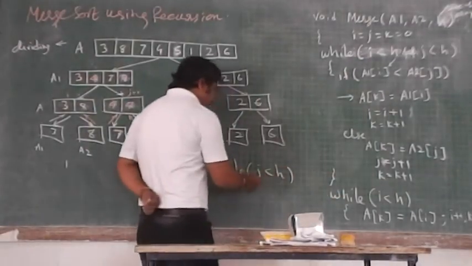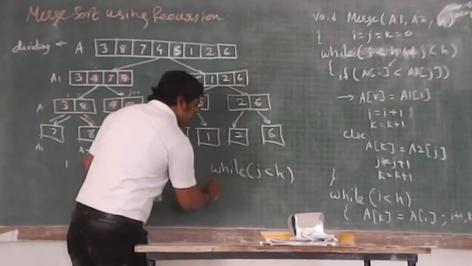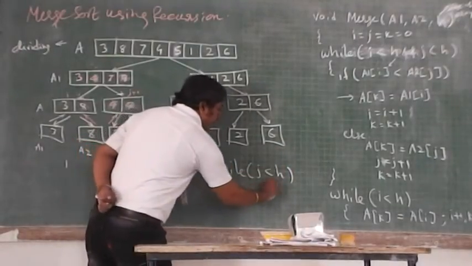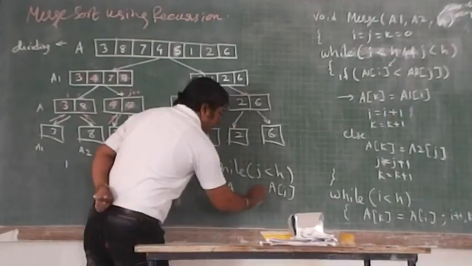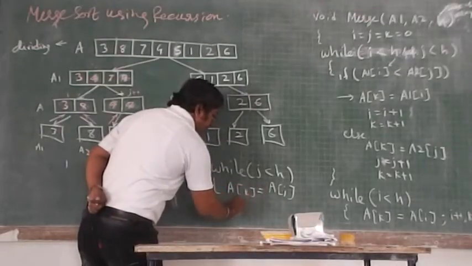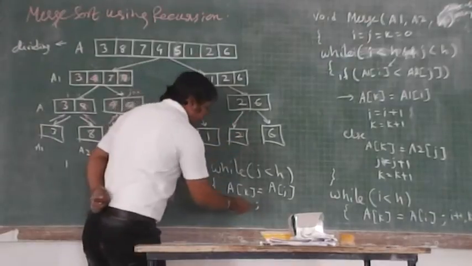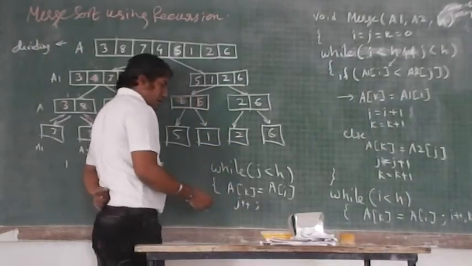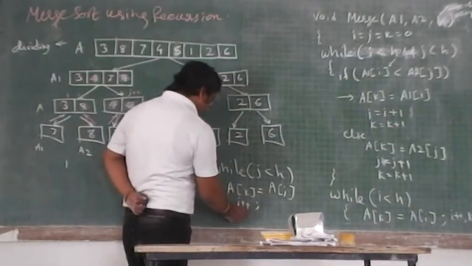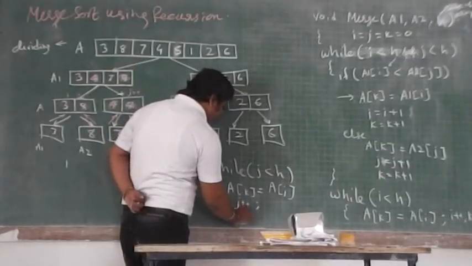In the similar way, I write the same logic. A2j, in this case, A2j I push into Ak, j increment. If suppose more than one element is left in the array, in that case, I increment j and I increment k.